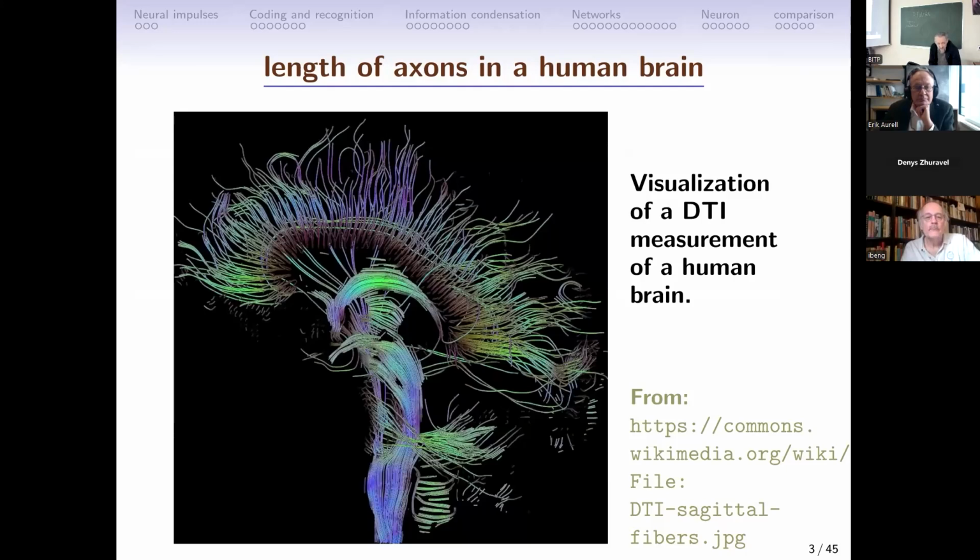It is about 10 centimeters or longer. That means that any network composed of biological neurons is a network with delayed interneuronal communication. And this further means that any model aimed at simulating such a network must be aware of its own space and time.